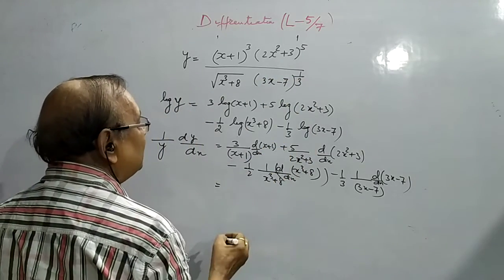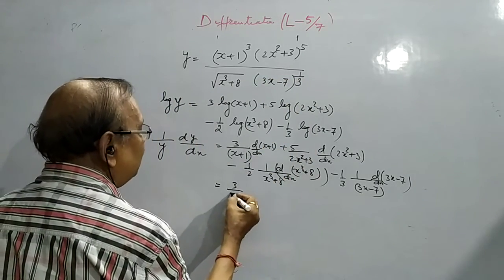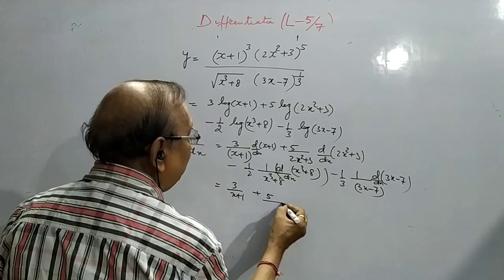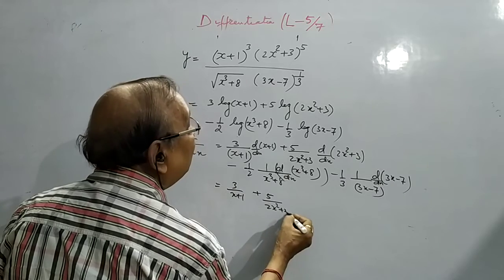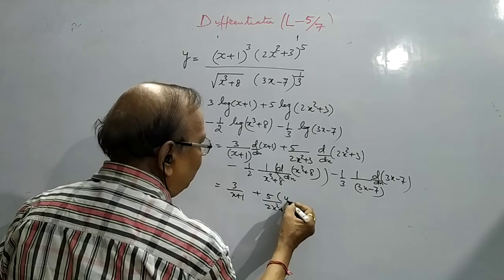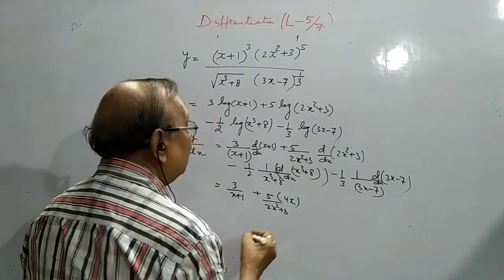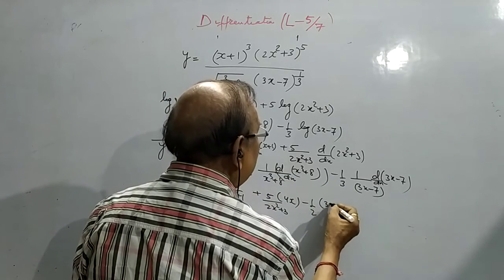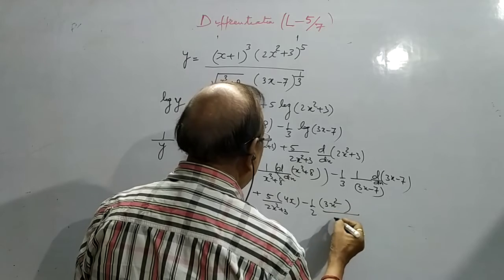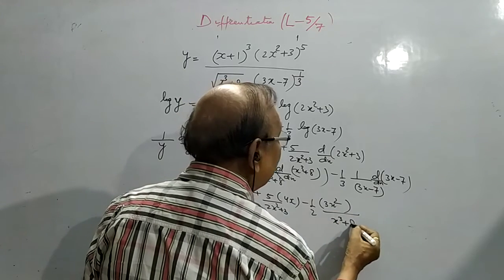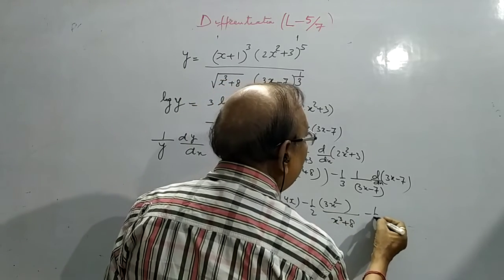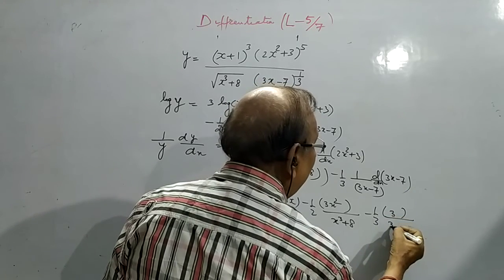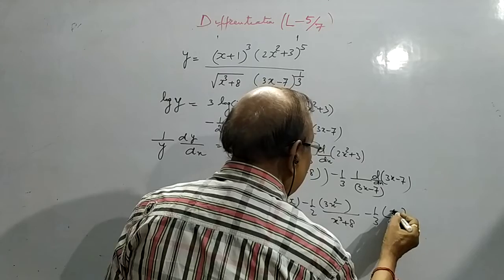What we get? d by dx of x plus 1 is 1, so 3 upon x plus 1, plus 5 upon 2x square plus 3 into 4x, minus half, 3x square upon x cube plus 8, minus 1 upon 3 into 3 upon 3x minus 7.